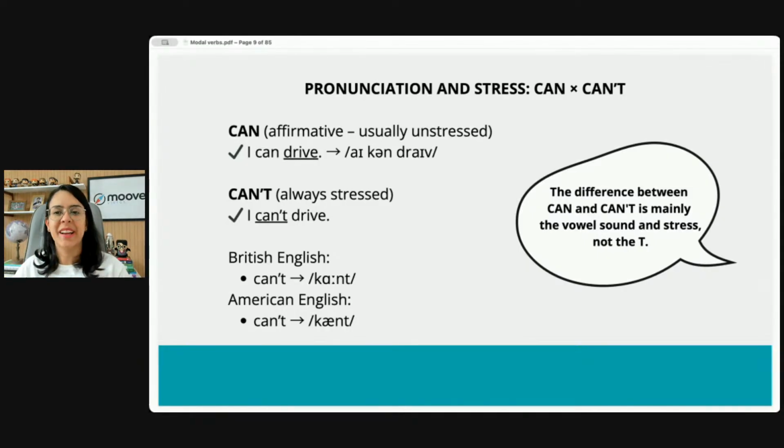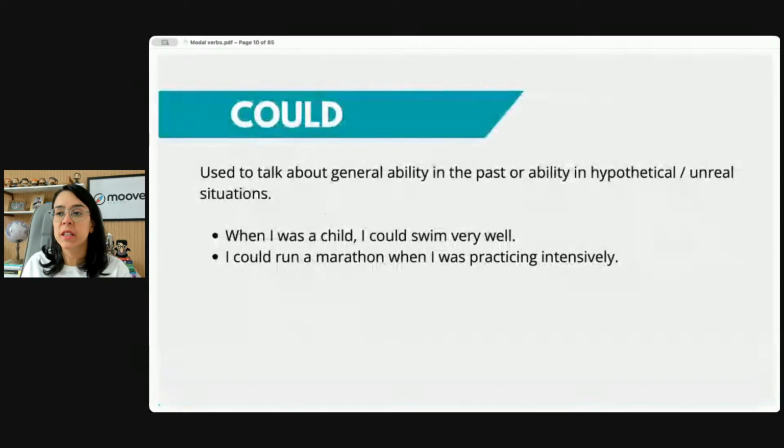It is longer, like I can't drive, I can drive. So here in the affirmative form, we have a weak form of can with a very short sound of the vowel and also the stress. The difference is not in the T because the T is hardly ever pronounced. So I think I've made my point clear.